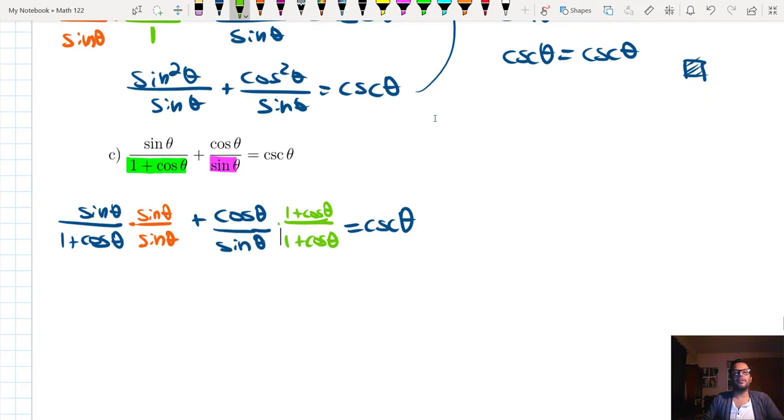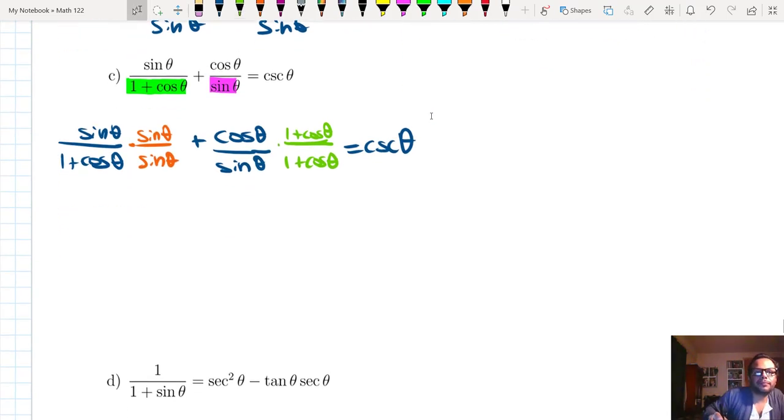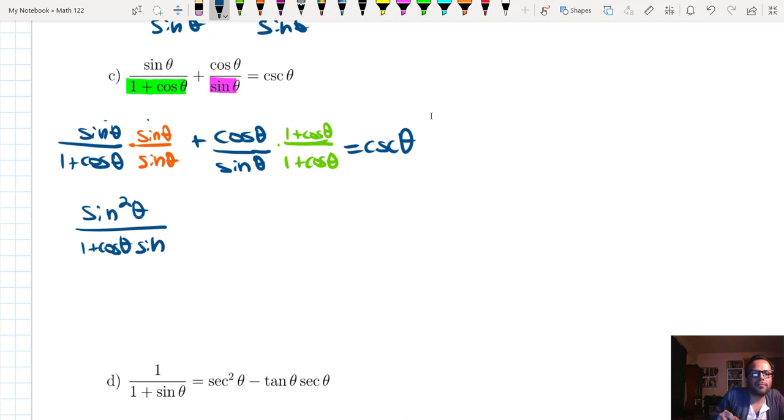Okay, so let's multiply this together. Sine times sine, this is sine squared, divided by 1 plus cosine theta times sine. You might want to put parentheses around this.